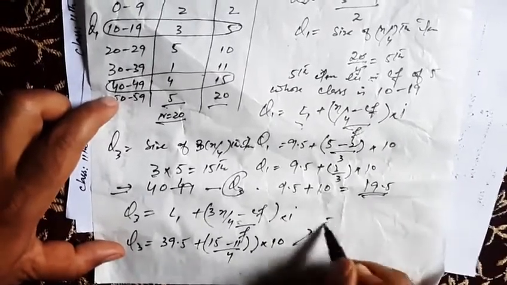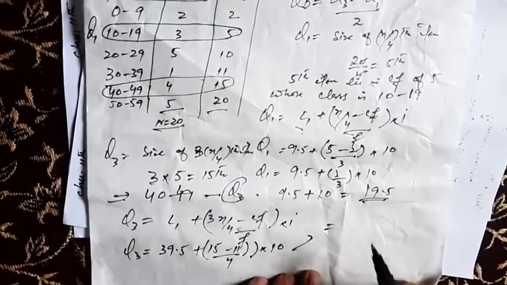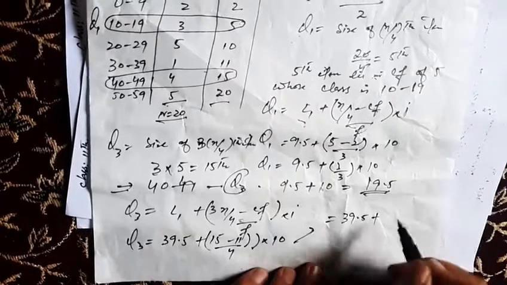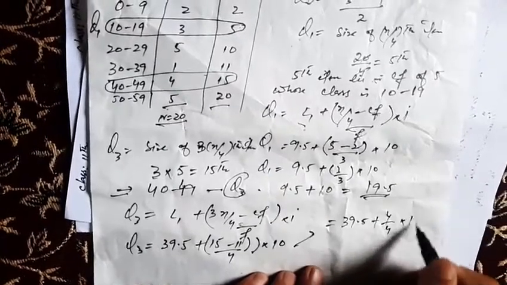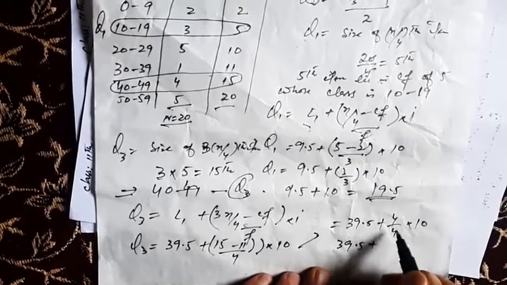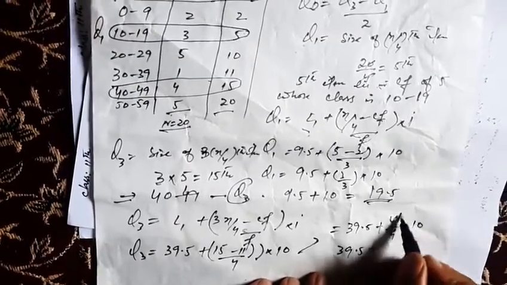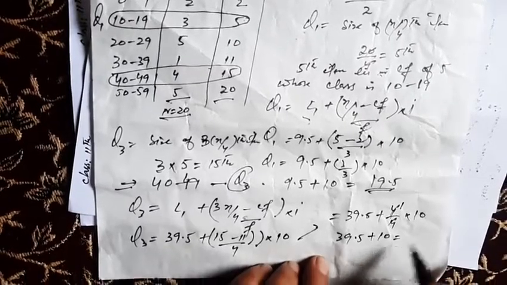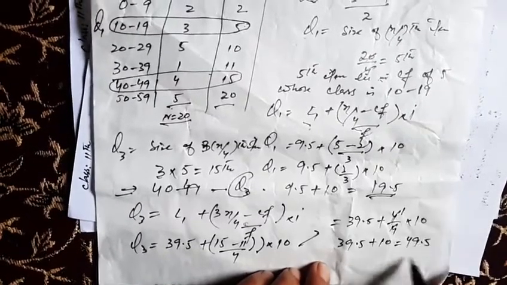So this is 39.5 plus 4 divided by 4 into 10. This is 39.5 plus 1 into 10 equal to 10. So this is 39.5 plus 10 equal to 49.5.